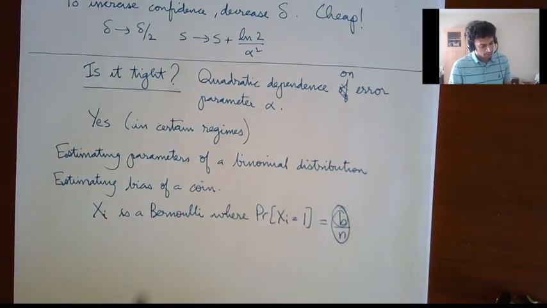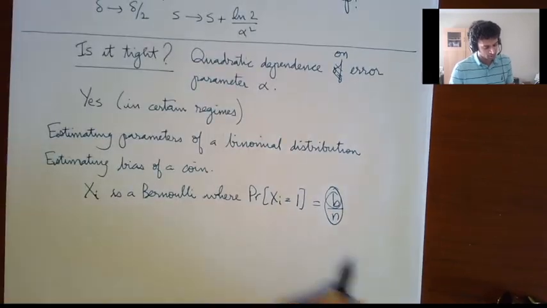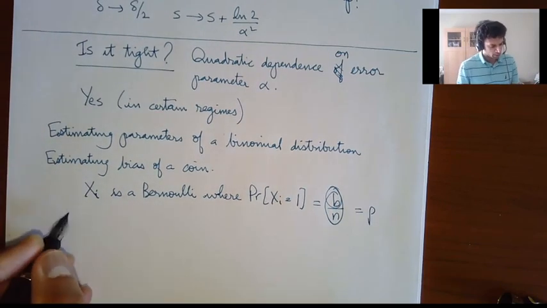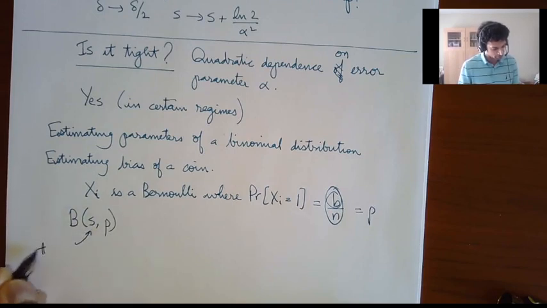So let me, again, abstracting this discussion out, let me just say X is a Bernoulli where I'm going to call the parameter P. So P is the parameter. And what I'm looking at is really the binomial distribution B_S,P, where S was the number of samples.